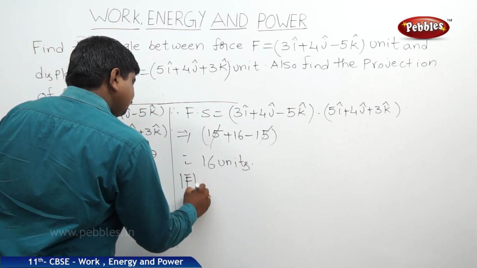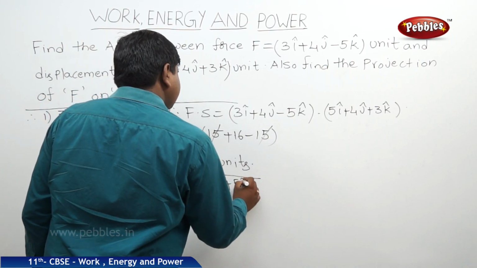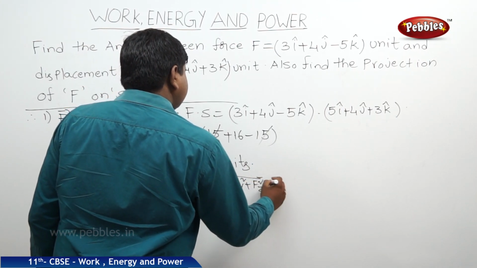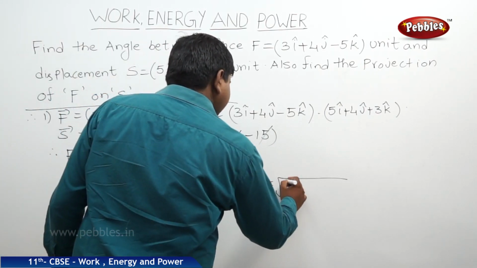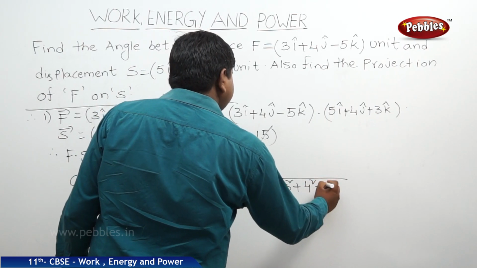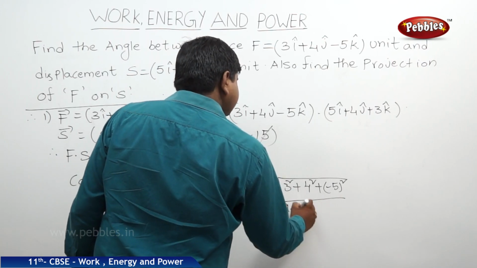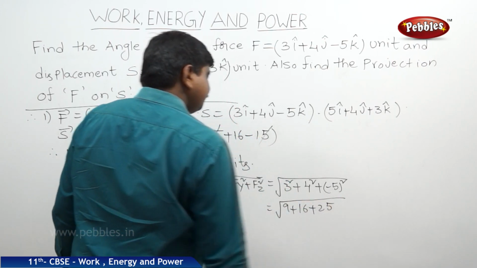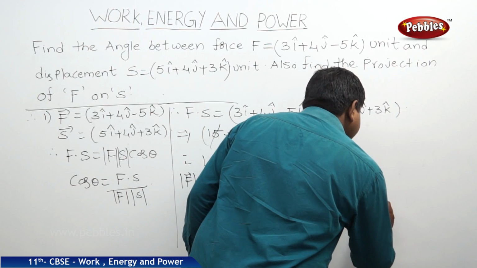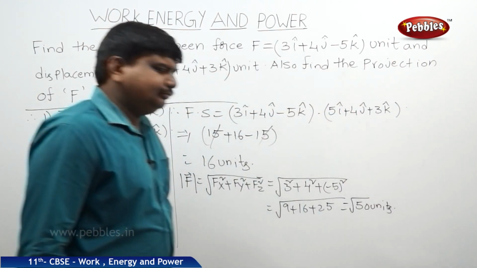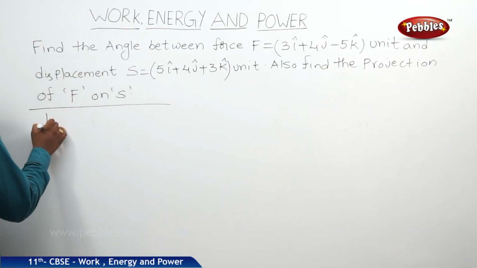Mod of F is equal to square root of Fx square plus Fy square plus Fz square. So what is Fx? 3. 3 square plus Fy 4 square plus Fz minus 5 square. So it will be 9 plus 16 plus 25, so 25 plus 25, 50, it is square root of 50 units. Next we should find out the magnitude of S bar also.